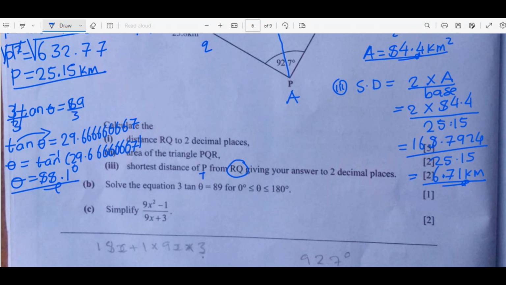And if you look at the quadrants, we have the 4 quadrants represented by the CAST diagram. So CAST states that in the first quadrant all are positive. Sine is positive, cos is positive, and tan is positive.